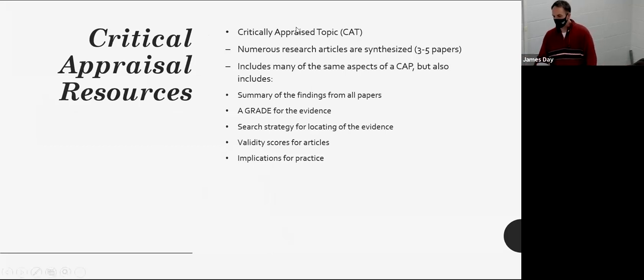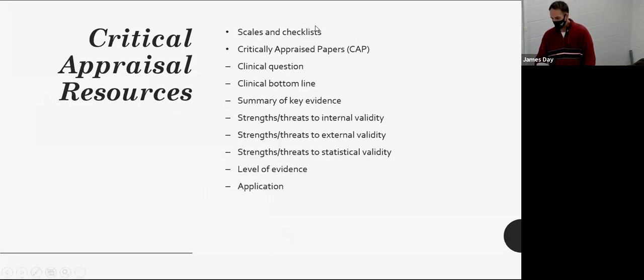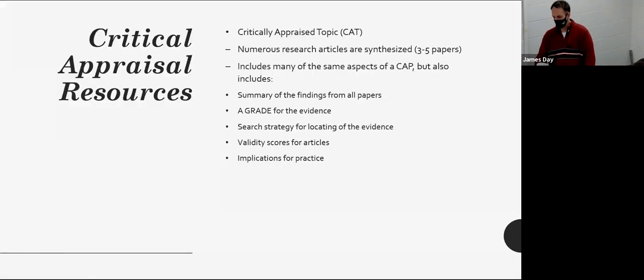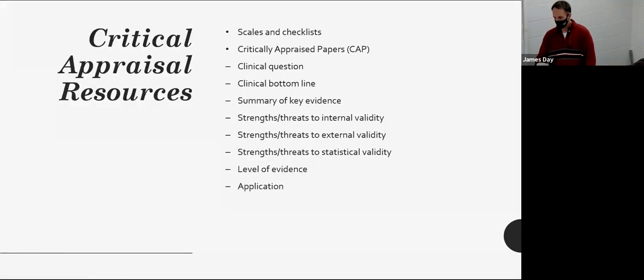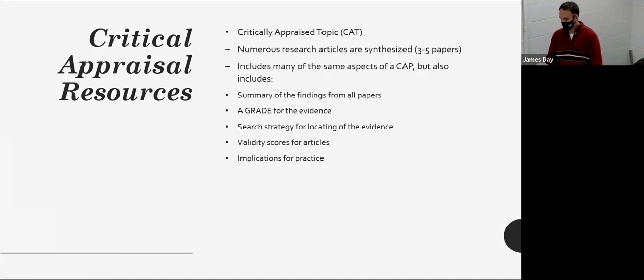So we are going to do a critically appraised paper, which is one article. You can also do a critically appraised topic, which usually is about 3 to 5 articles.